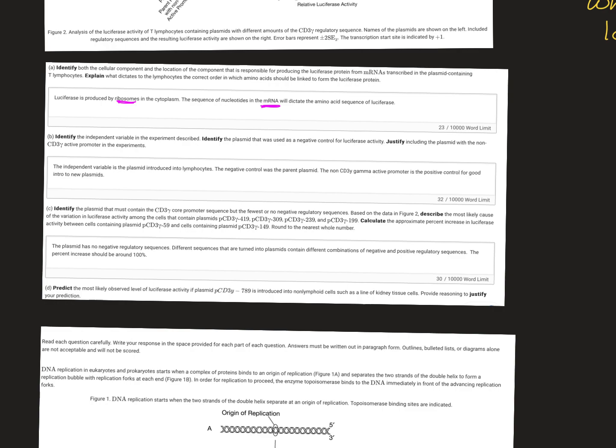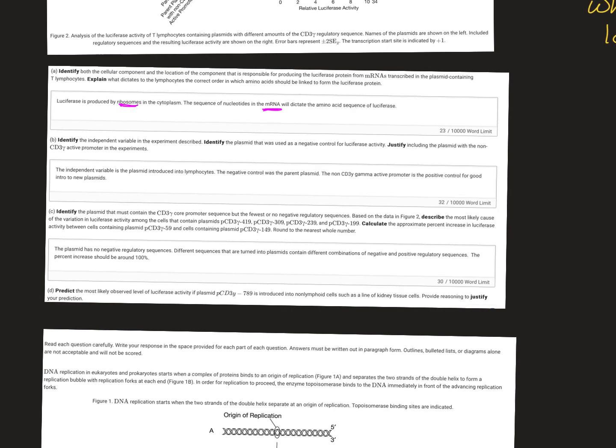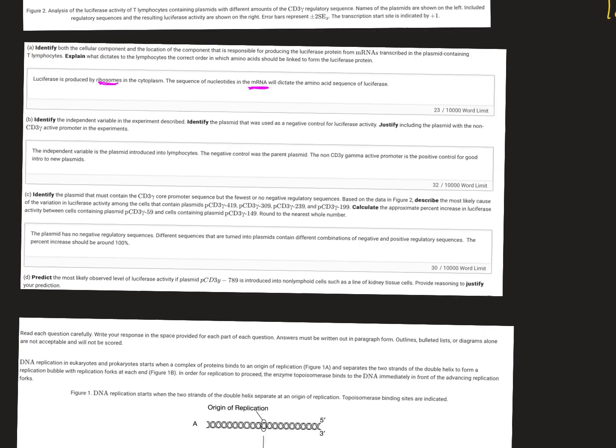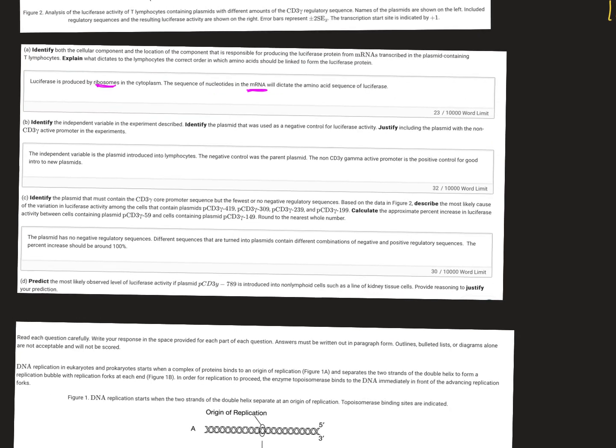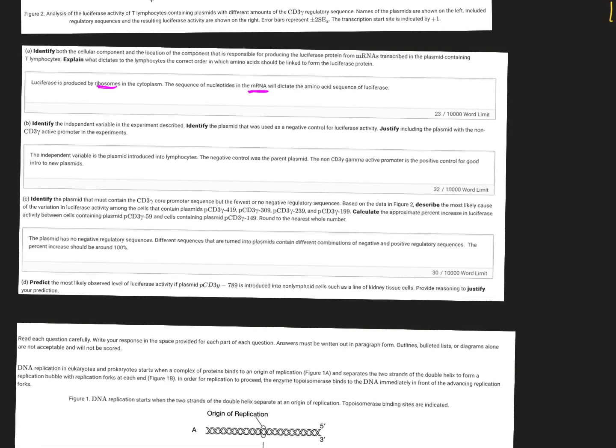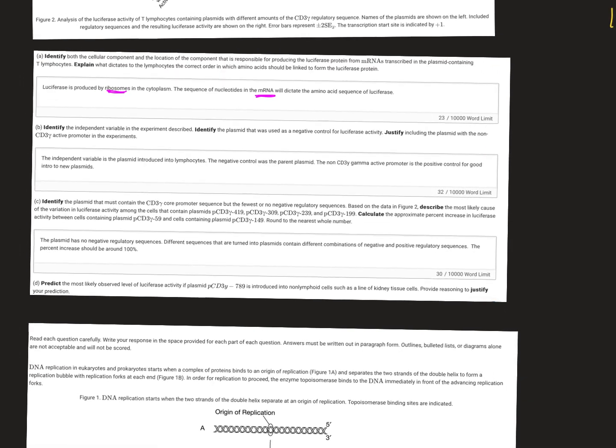I'm trying to find where that was. Wow, I just keep reading the student's answer, and it says justify including the plasmid with non-CD3 gamma active promoter. All right.